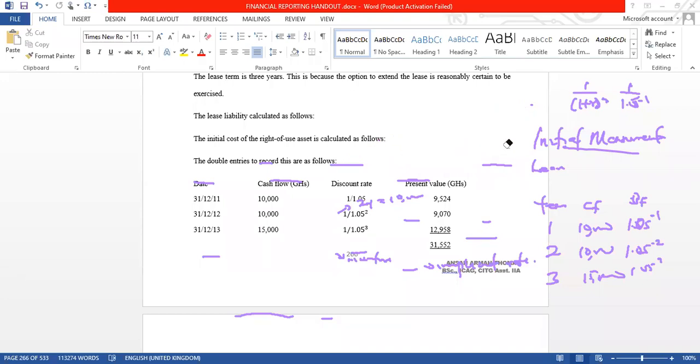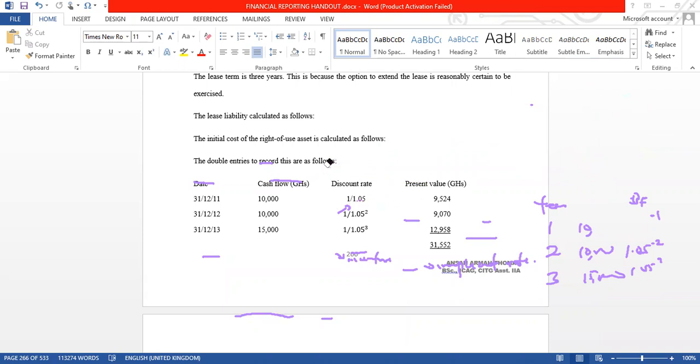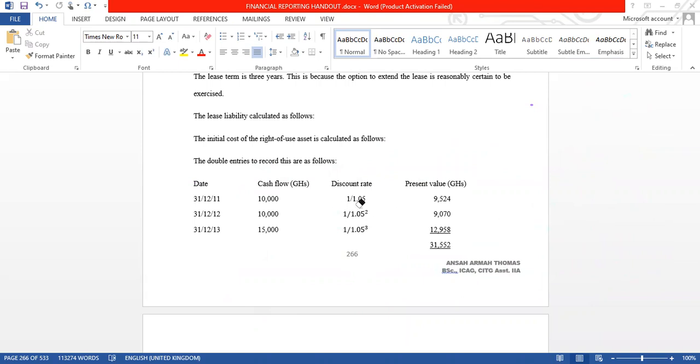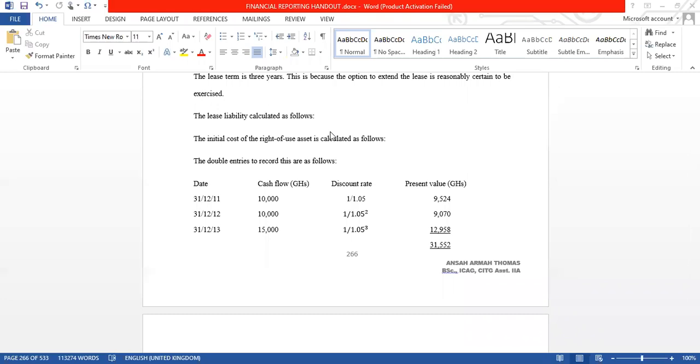So we need to just run through quickly, because I'm much more interested in the subsequent measurement which we brought up. All right, so this is how it looks. So this is how you go through. Okay, so that is it. So you have your cash flows, you PV them.